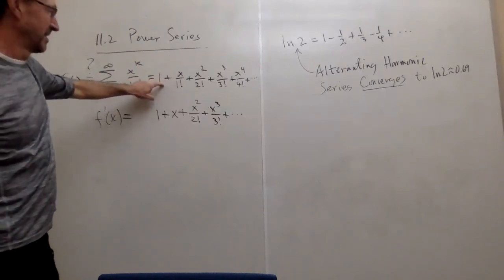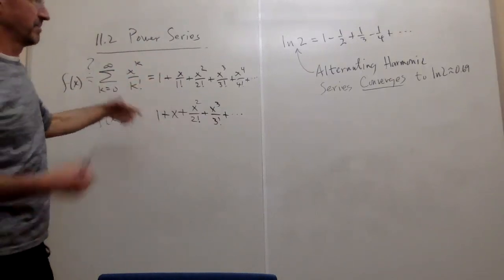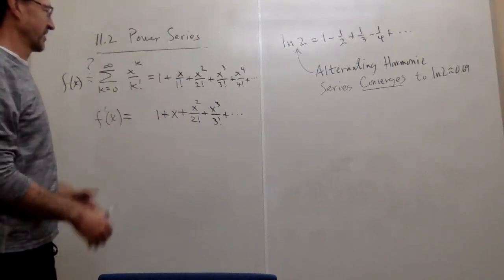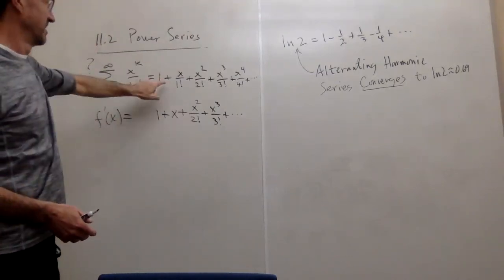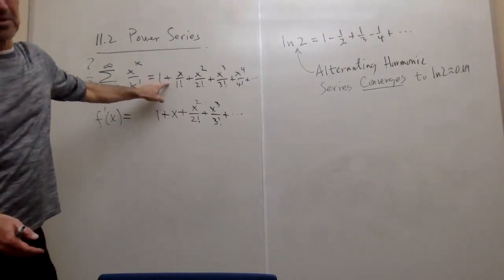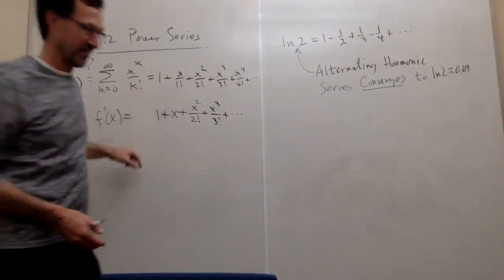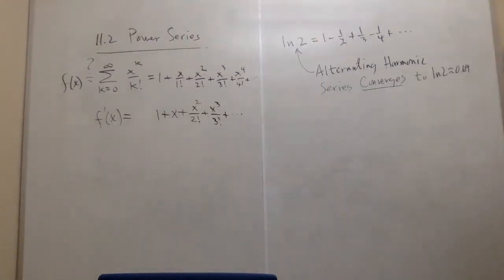This is exactly the same as that. And because they go to infinity, they're exactly the same. Well, do we know a function whose derivative is equal to itself? We do. What function is it?